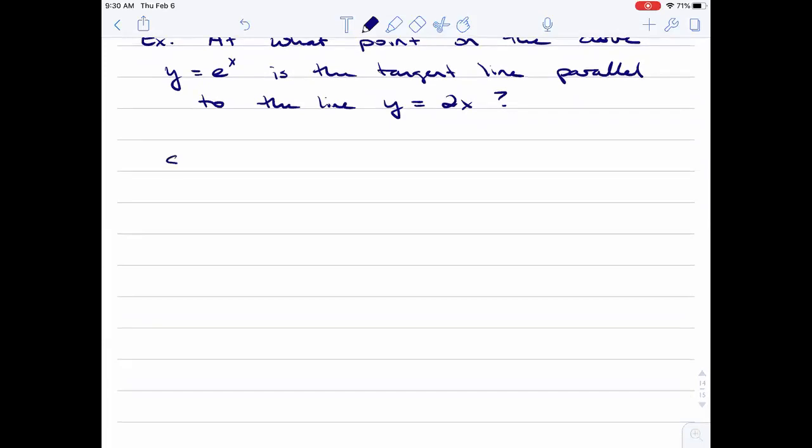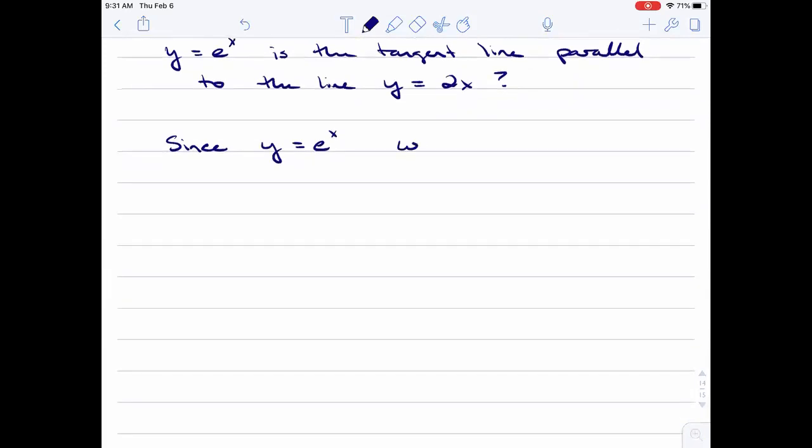And so since y equals e to the x, we also know, because we established that, y prime is e to the x. So far, so good. We know at some point we're going to have a slope of 2. It's just going to be a matter of where.